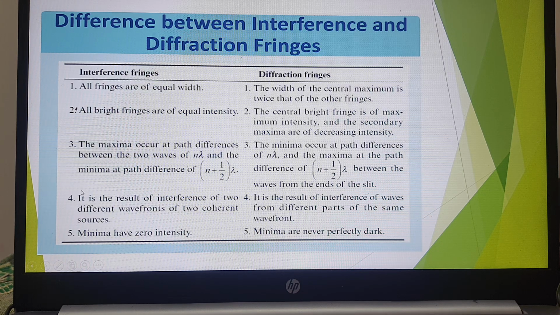What is coherent? Two or more waves having the same frequency and same wavelength are known as coherent sources.